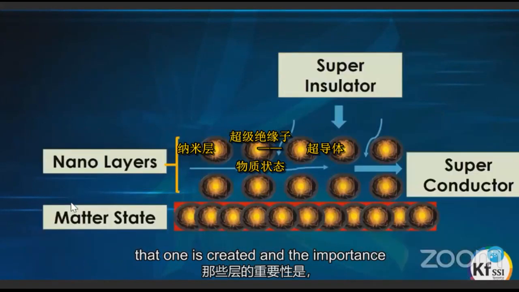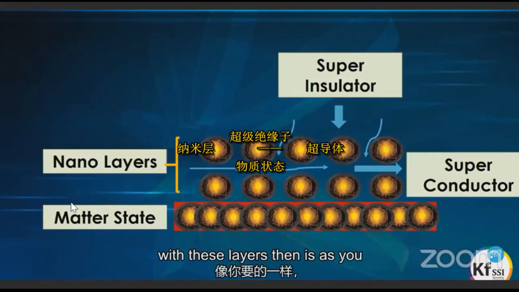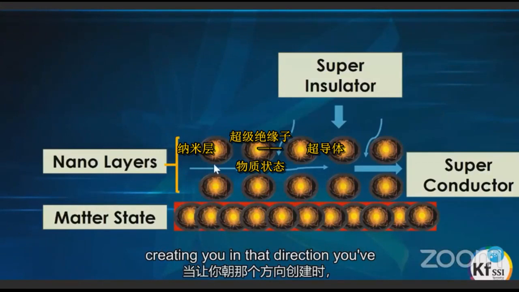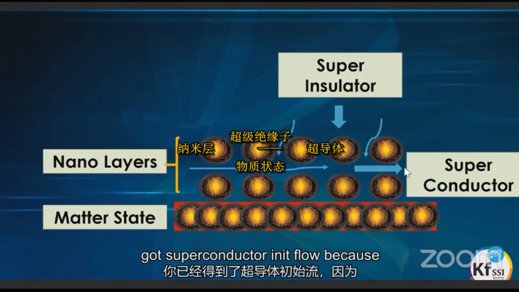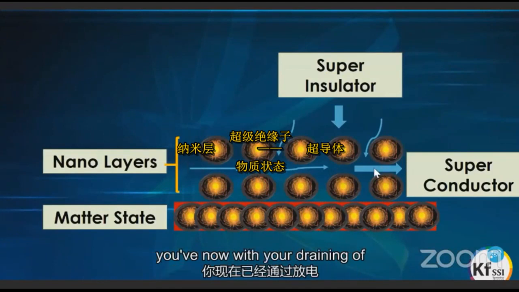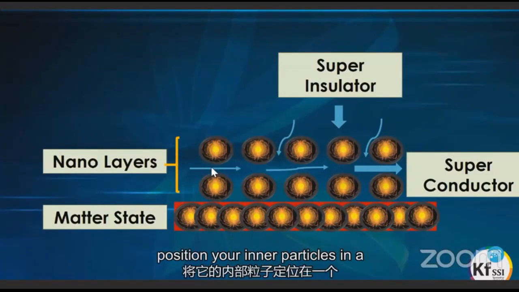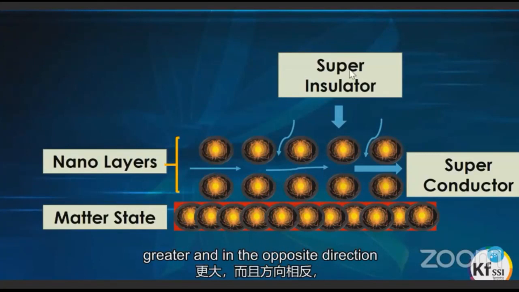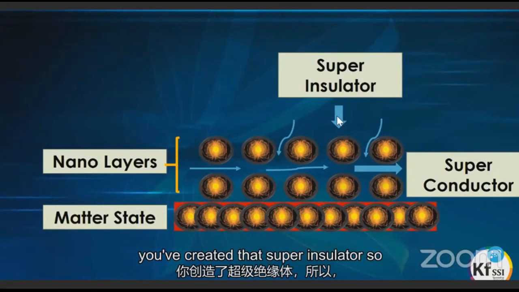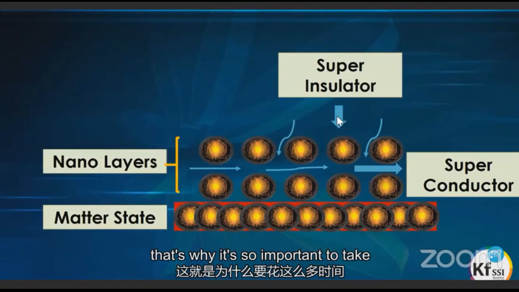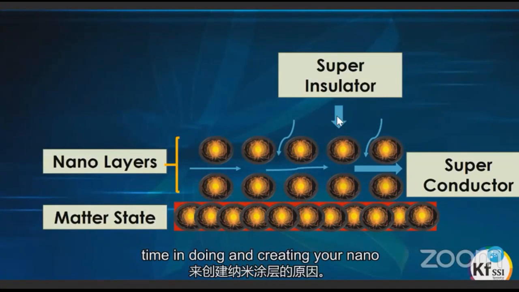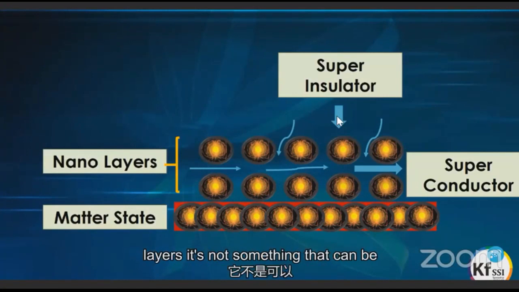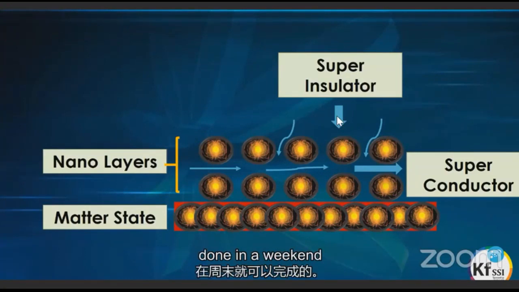The importance of these layers is that, as you're creating in that direction, you've got a superconductor in that flow, because with your draining, you've positioned your nanoparticles in a certain direction so that the flow is greater. And in the opposite direction, you've created that super insulator. That's why it's so important to take time in creating your nano layers. It's not something that can be done in a weekend.